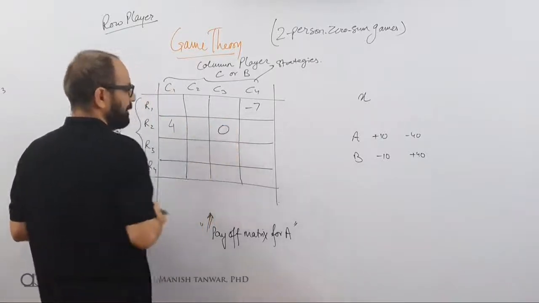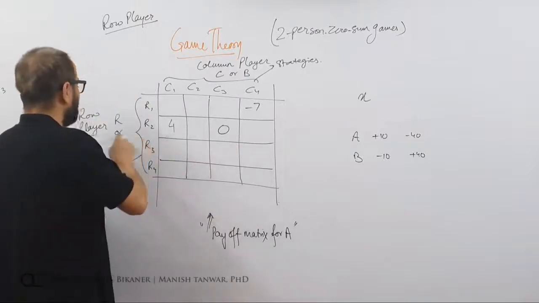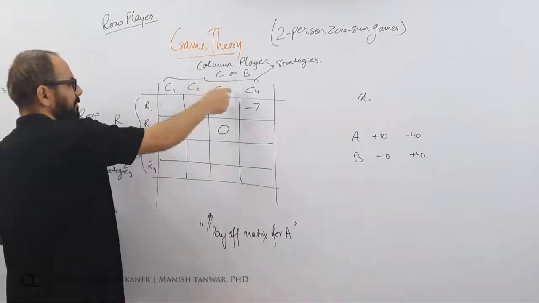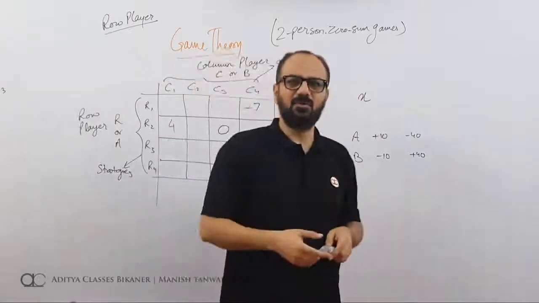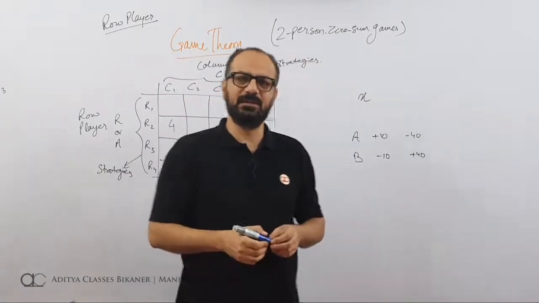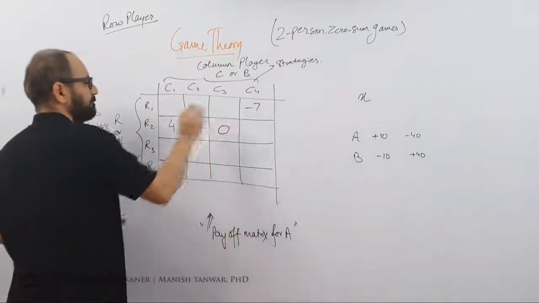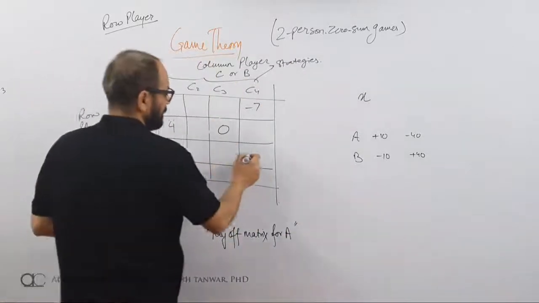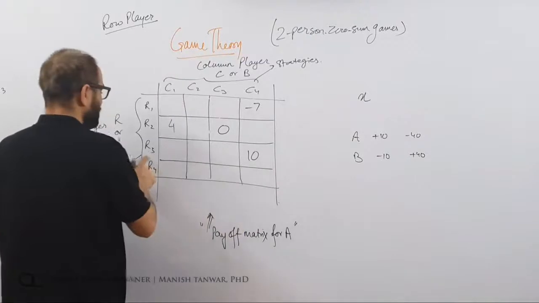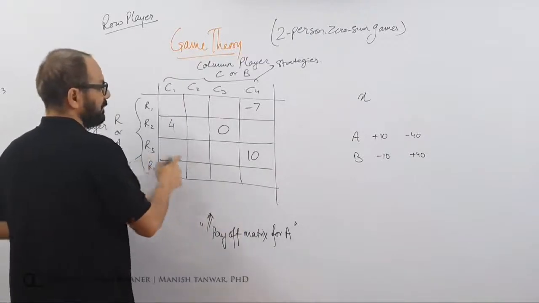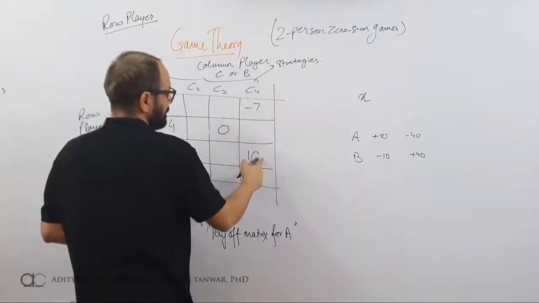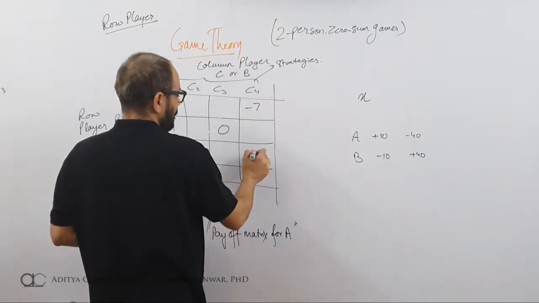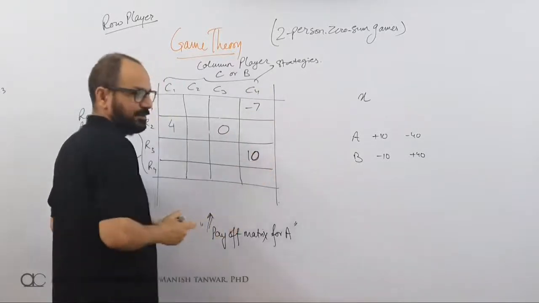If I have a 0 over here, what does this 0 mean? That if the row player picks R2 and the column player picks C3, there is no profit, no loss, no gain. Nobody wins, nobody loses, because there is a 0. If I put a 10 over here, it means when the row player picks strategy R3 and the column player picks strategy C4, the row player wins 10 units.